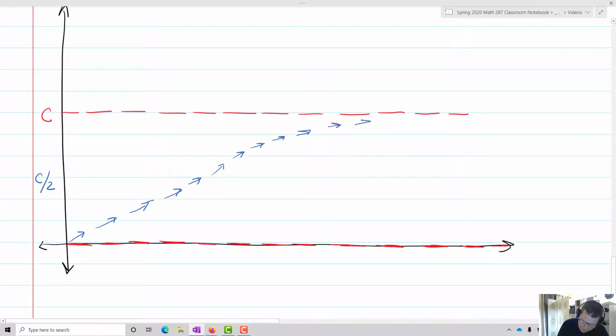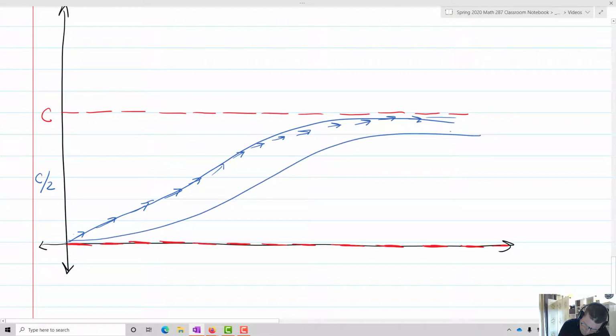You can imagine something happening like that with our end behavior as we go to C. So you can imagine your solution curves are going to look something like this, with all of them approaching C no matter where we start.